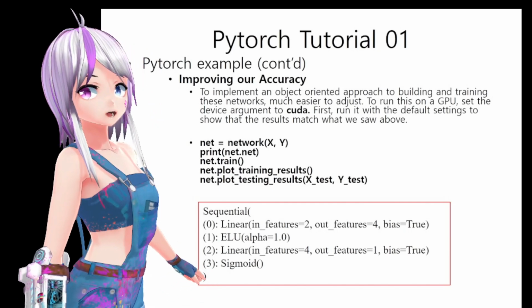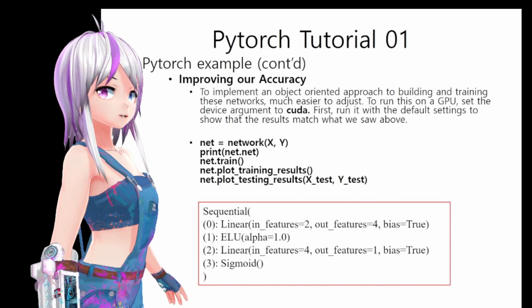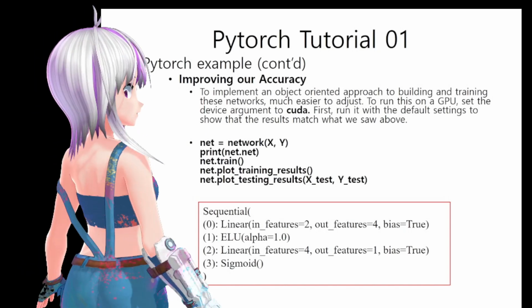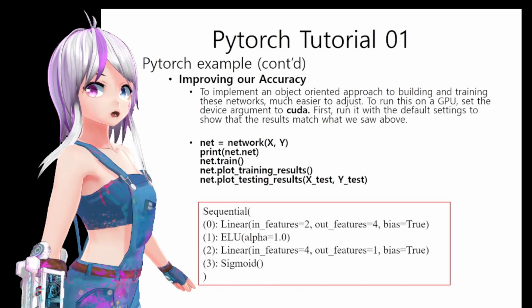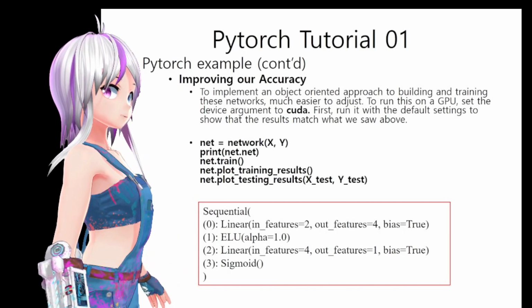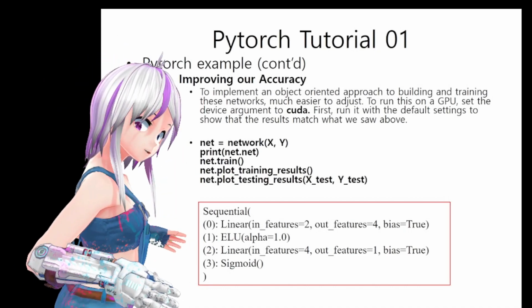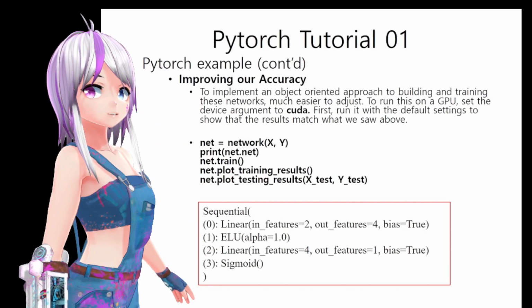So we have a 5 statement net, which is network x comma y. Here network is some kind of class that actually performs our job, and we print net.net to take a look at how the net structure looks.